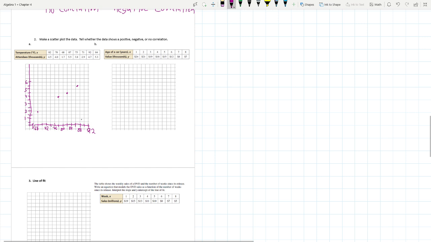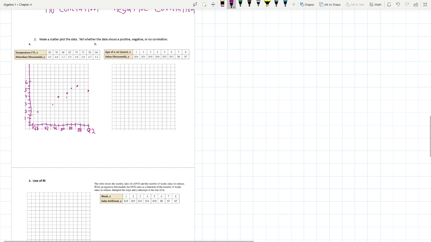Let's see, 75 is at 2.9, so just about to 3. 92 is at 4.7, which is right there-ish. And then 84, I'm at 5.3. So about there.